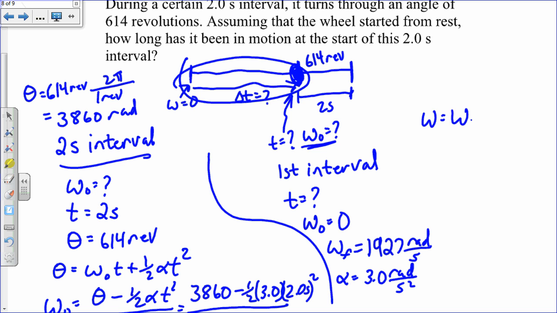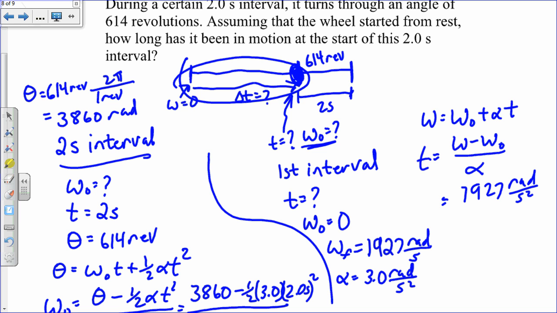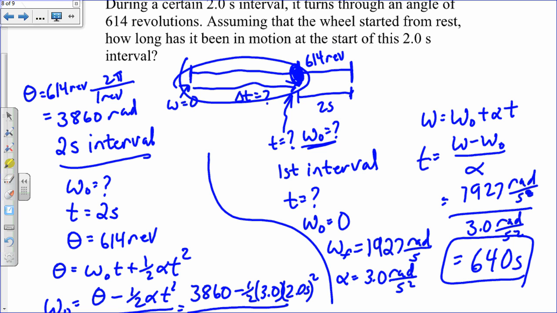Omega equals omega naught plus alpha t, so t is 1927 radians per second, not per second squared, over 3. That tells me the amount of time that has passed, 640 seconds. That's my answer.